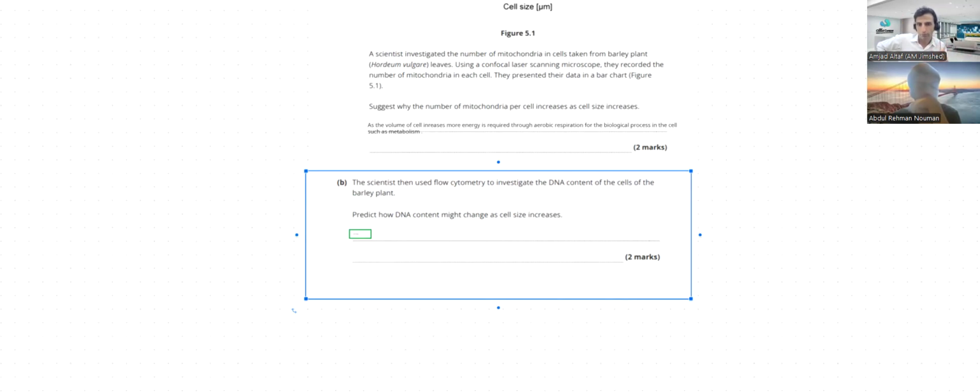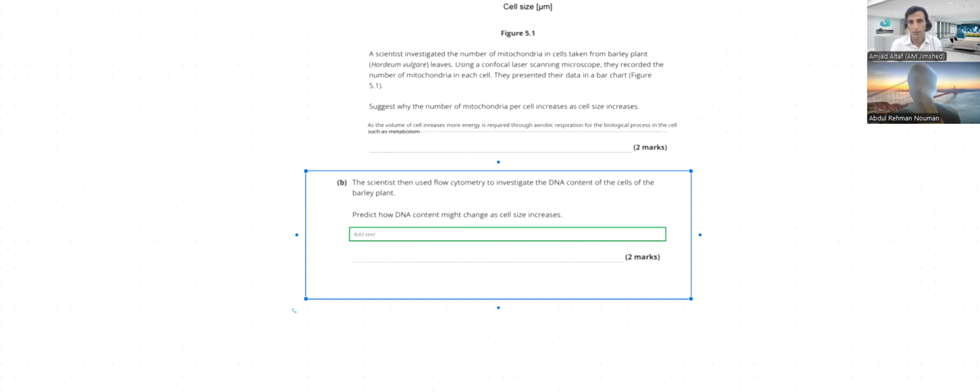But you should understand what is more important that you have to start with. Like why the DNA content is going to change, that's the point. We need to understand why.